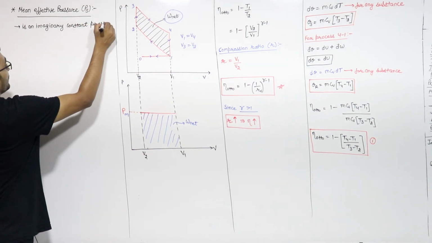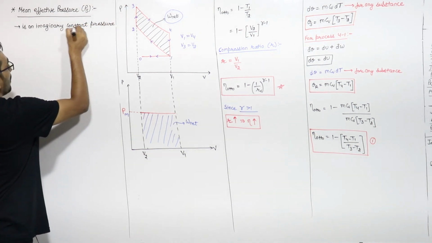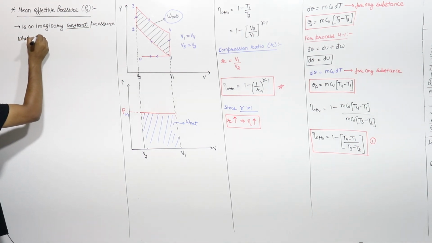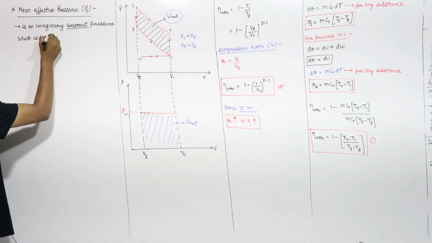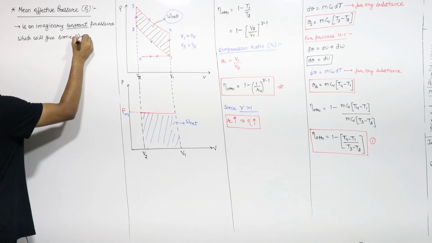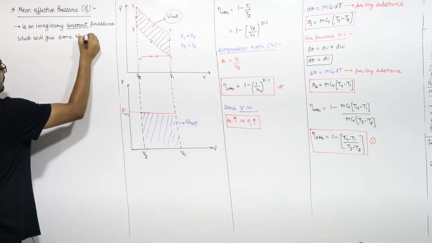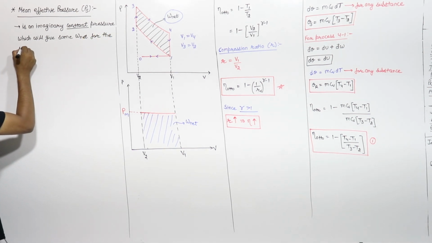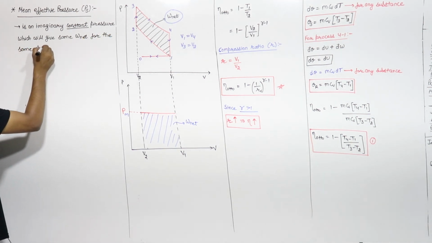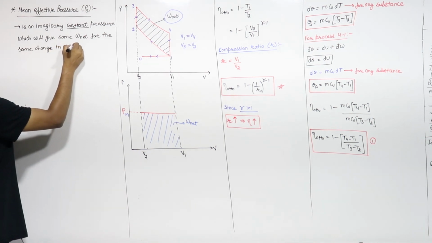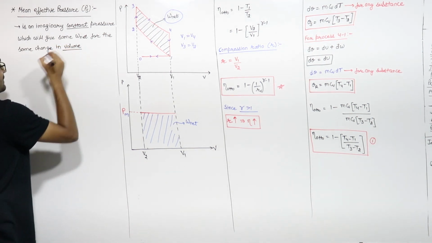This will be constant throughout the cycle, and it will give the same net work done for the same change in volume, that is V1 to V2.